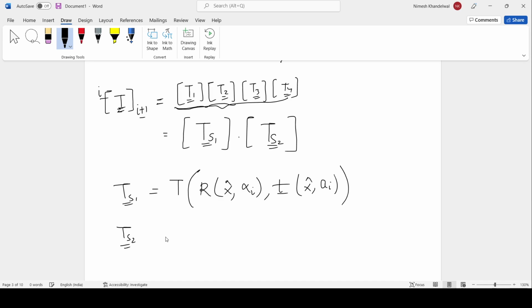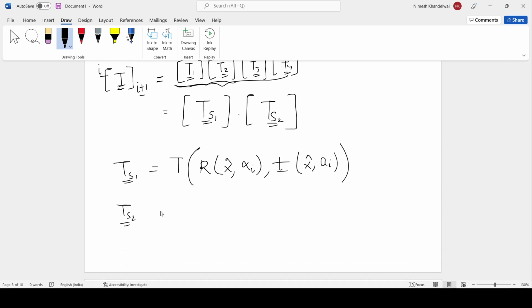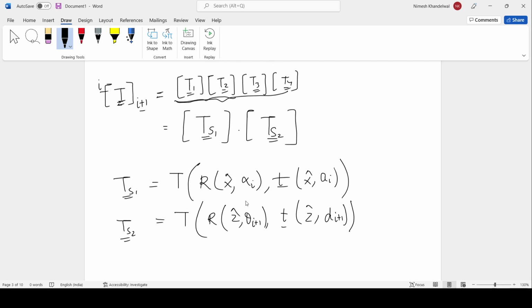And the second one, these are rotation and translation along the same z-axis. So it is a transformation where there is a rotation about the z-axis by an angle theta I plus 1, and a translation along the same z-axis by a distance d I plus 1, right?